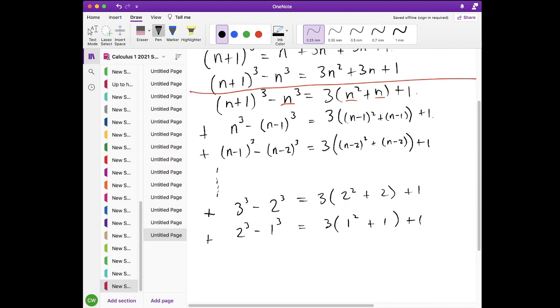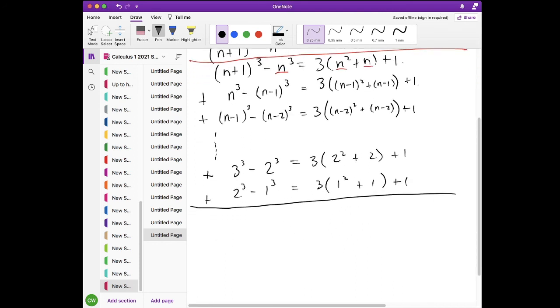What happens if we add all these up? First of all, someone tell me what the left-hand side is. Do you see a pattern on the left-hand side? Like, this simplifies to something. How about this?